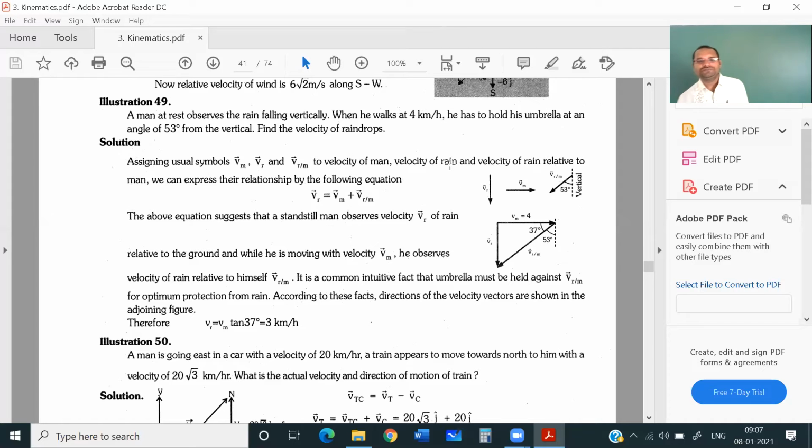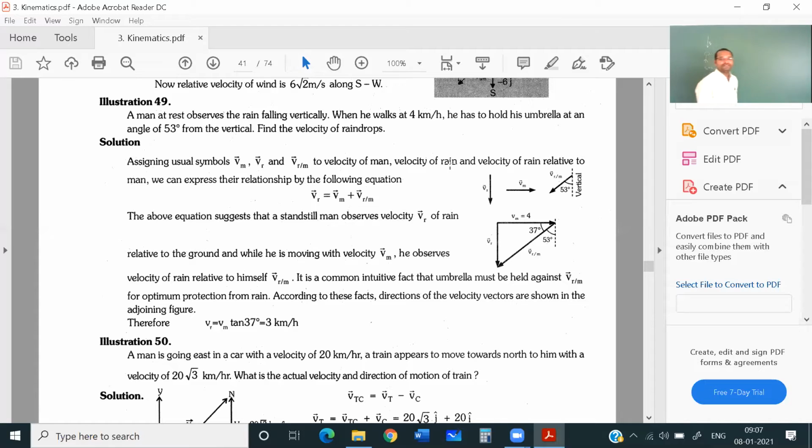Clear? See the question. Man at rest position. Here is the man, initially at rest, and he observes rain falling vertically on him like this.